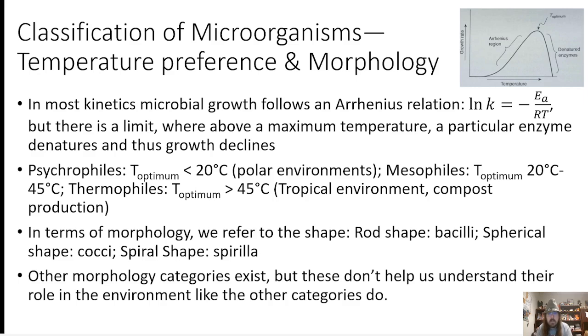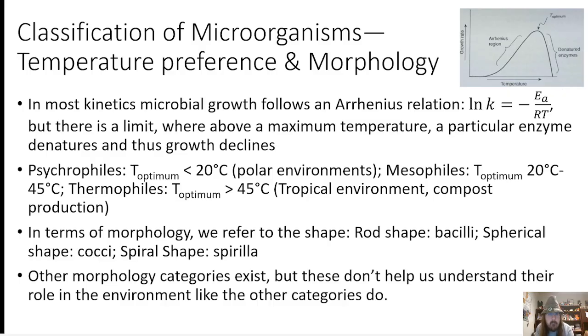However, above a maximum temperature, a particular enzyme starts to denature, and thus growth declines. As you can see in the graph, you heat up, you get an optimum temperature, at which point enzymes start to die off, and so the organism can't grow.